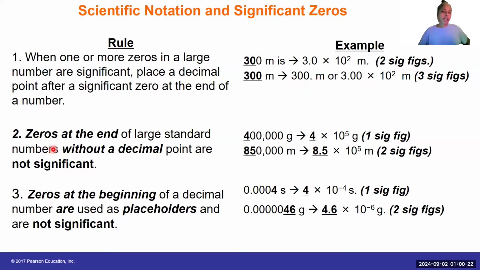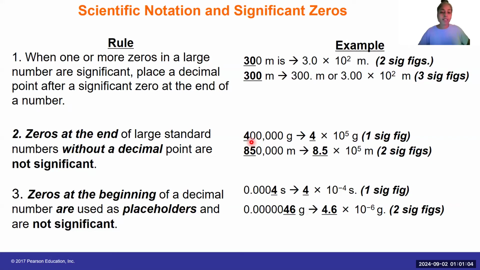So zeros at the end of a large standard number are not significant if that number doesn't have a decimal place. So if I have 400,000 grams, none of these zeros are significant. I have only one significant figure. And if I was to write that in scientific notation and I wanted to recognize only the 4 as significant, I can convert that to scientific notation by taking our imaginary decimal place here and counting 1, 2, 3, 4, 5.